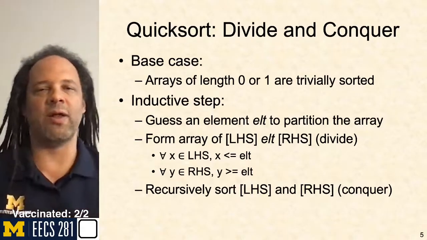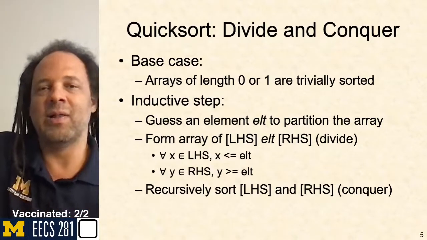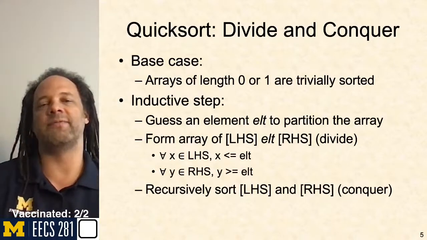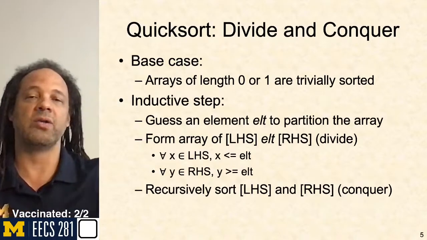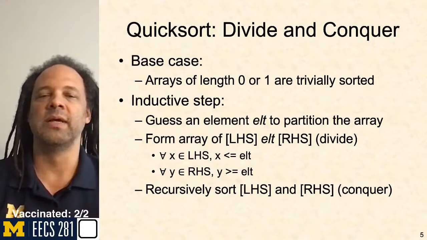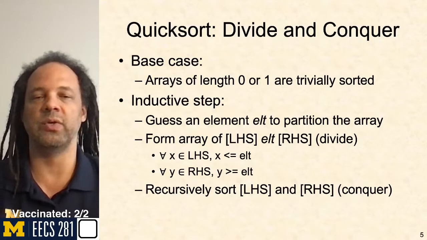I want everything greater than this element over there. And if you're paying close attention, you'll note that if all the things that are less than this item are to its left and all the things that are greater than this item are to its right, then this item must be where it ultimately belongs. So that's one of the powers of partition, which is what we're going to do.